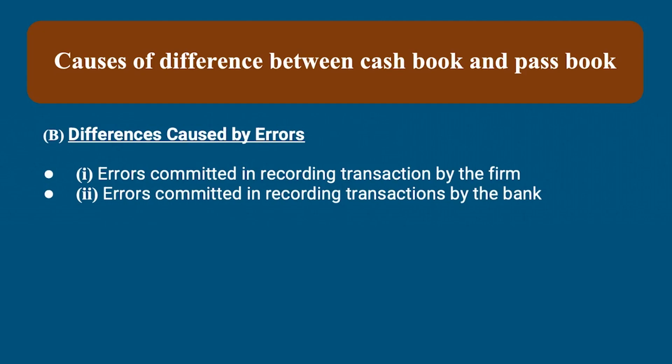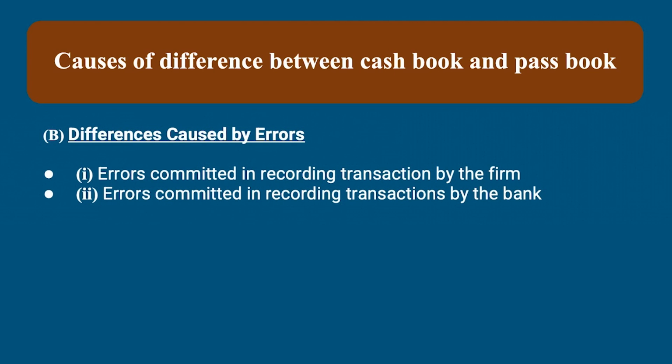Errors committed in recording transactions by the firm, omissions or wrong recording of transactions relating to checks issued, checks deposited, and wrong totaling etc. committed by the firm while recording entries in the cash book cause a difference between cash book and passbook balance.